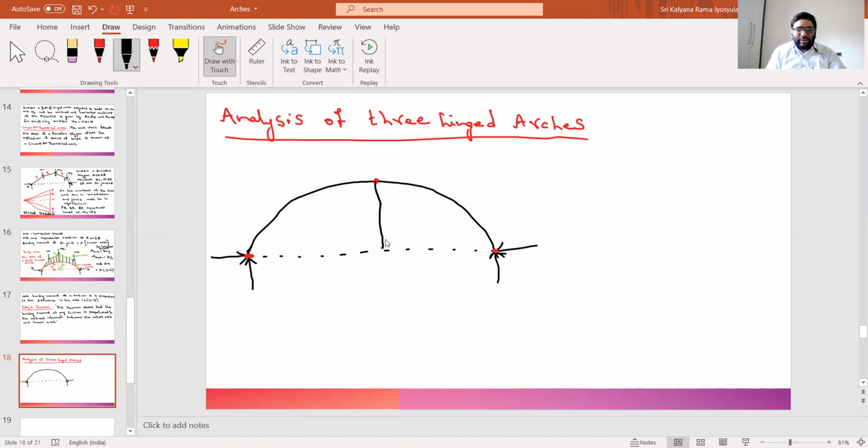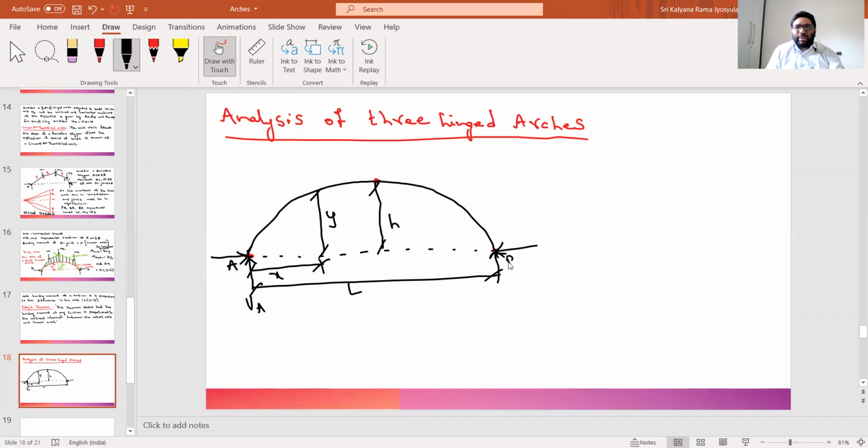So this height is h, and let the height at a section be y, and we have the total length L. This is x, at a distance x, and total length L. Let the vertical reaction be VA here.